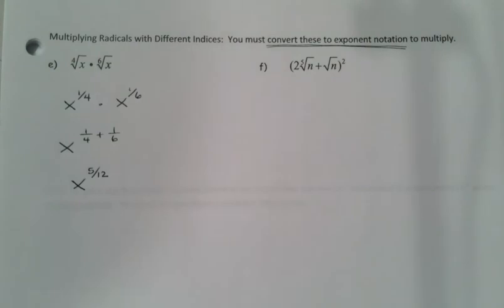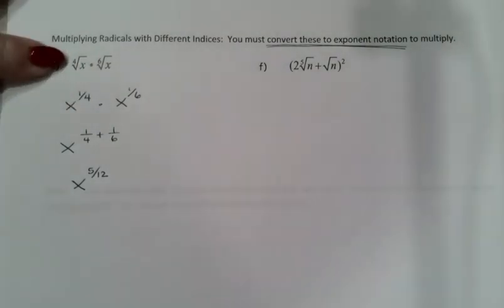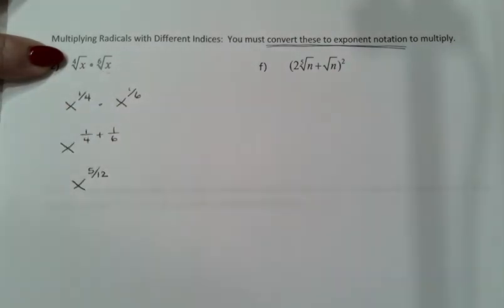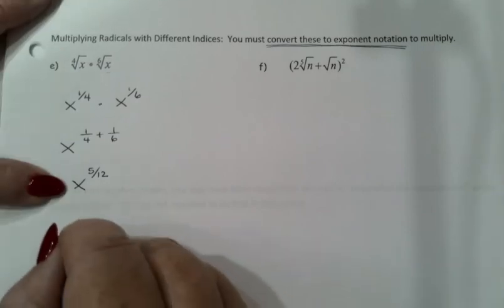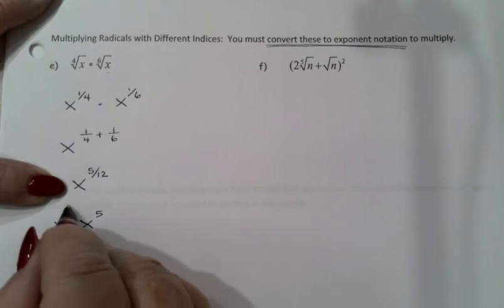Typically, when we have problems, we usually like to give our answer in the same notation as the original problem. So since we started with radicals here, I'd probably give my final answer as a radical also. This is x to the 5th power, the 12th root.